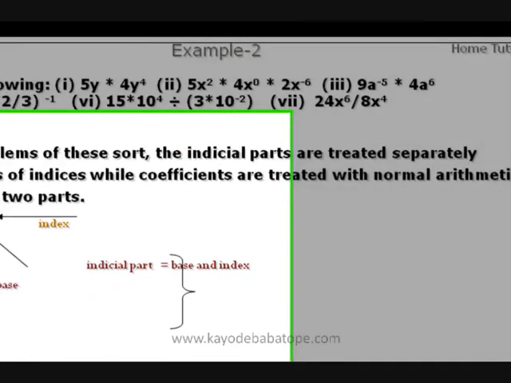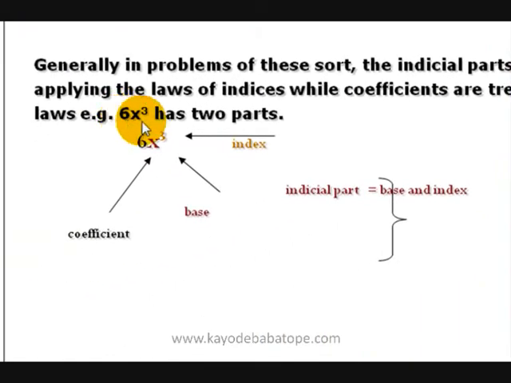For example, look at 6x raised to power 3. In 6x raised to power 3, 6 is the coefficient, x is the base, and this 3 is the index. So this 6 is what is called the coefficient, and then x raised to power 3 is what is called the indicial part, and the indicial part is made up of the base and the index.